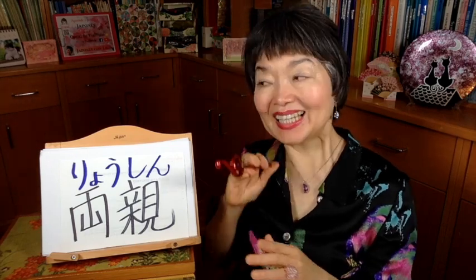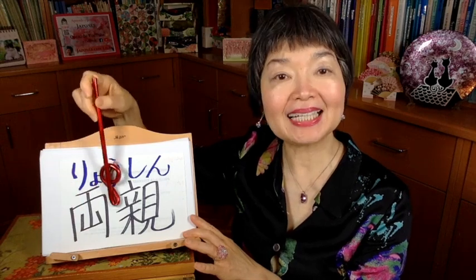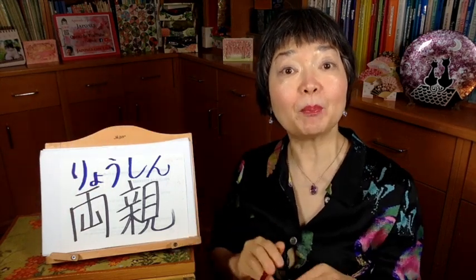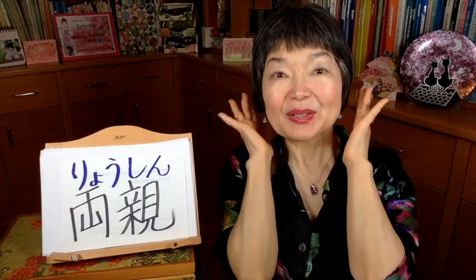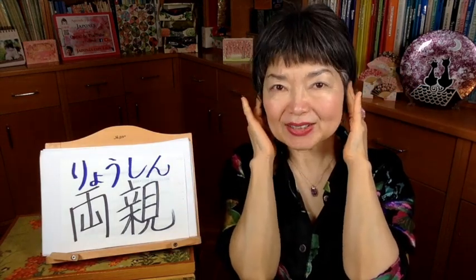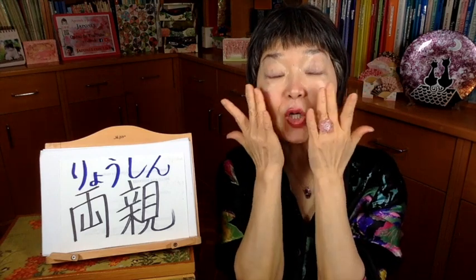両親. The first kanji 両 means both. For example, you know this is 手, 両手, both hands. 耳, ears. 両耳, both ears. 両目, both eyes.